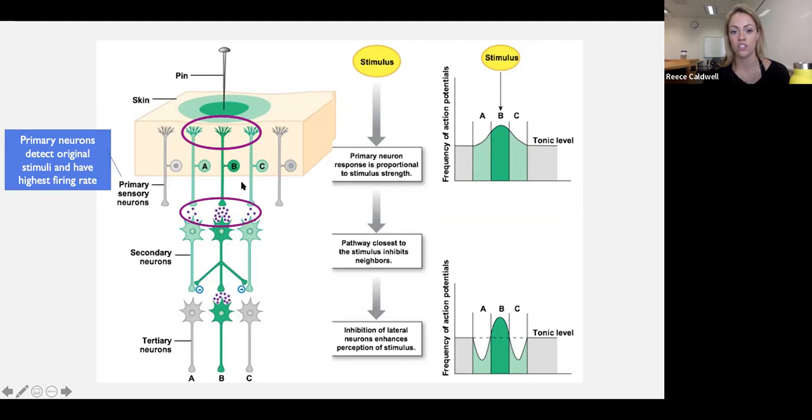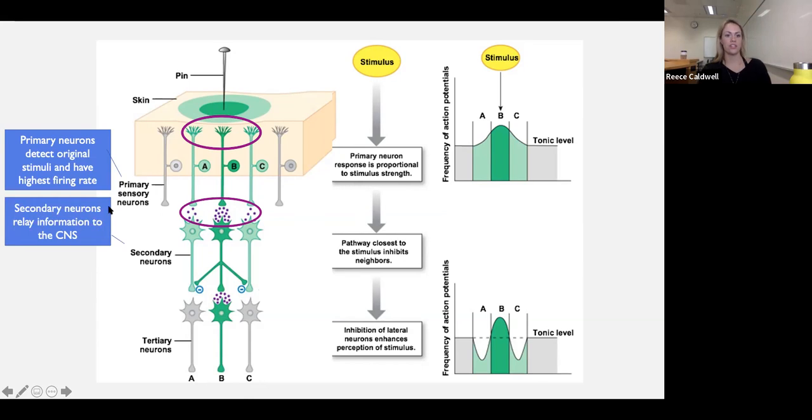So our first two neurons in the pathway are stimulated, but that secondary neuron has three branches of axons, and those peripheral axons are going to work through lateral inhibition to prevent these neighboring neurons from releasing neurotransmitters and causing the action potential of these neighboring neurons, but it won't cause the inhibition of our central neuron.